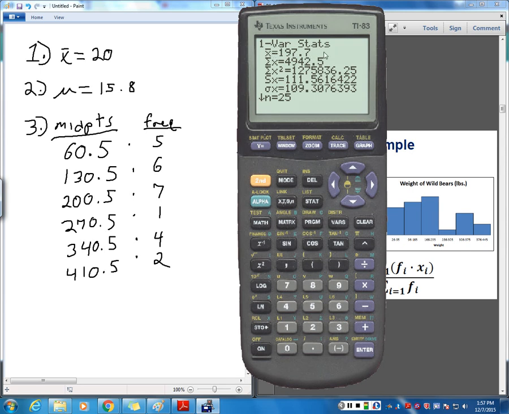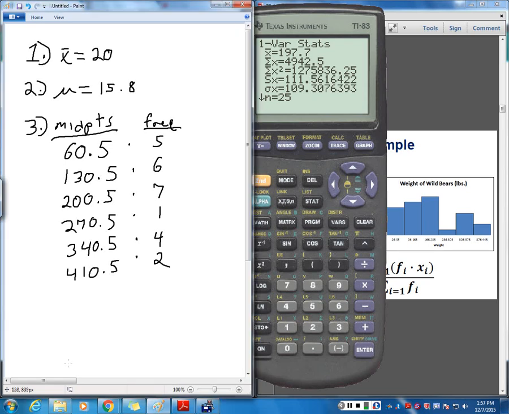If I have a TI-84 or a TI-84 Plus, something along those lines, then your list is list 1. Your frequency list, it appears as FreqList, is list 2. And the calculator will give you your mean.